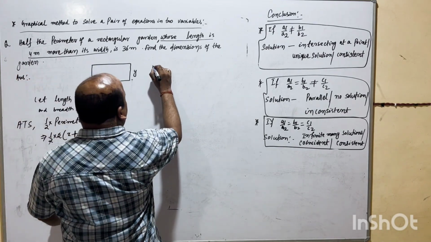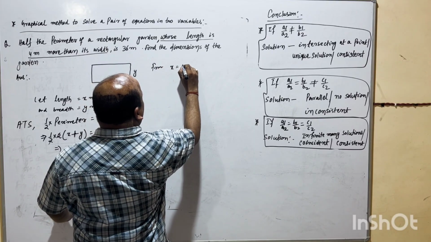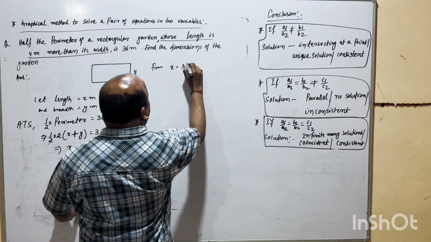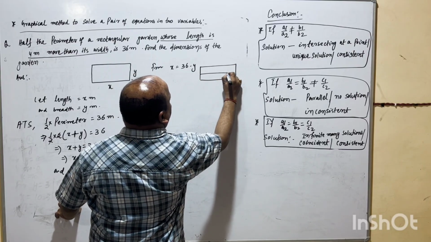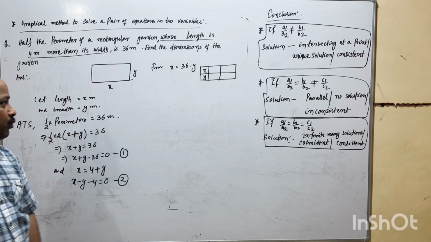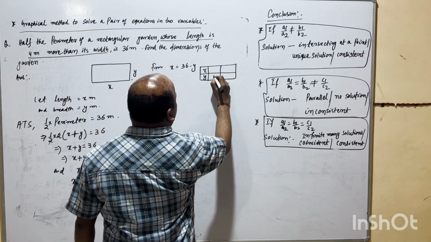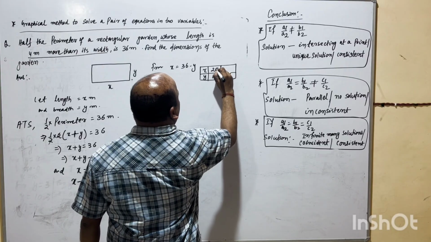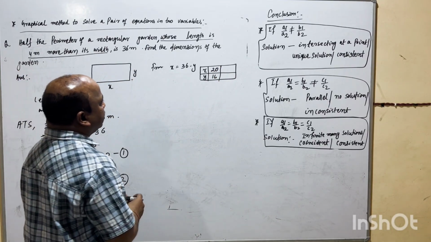So from 1, x is equal to 36 minus y. Draw a table for this situation. We get the first 2 points in the form of xy. Suppose I take y equal to 16. So x is equal to 36 minus 16, which is 20.